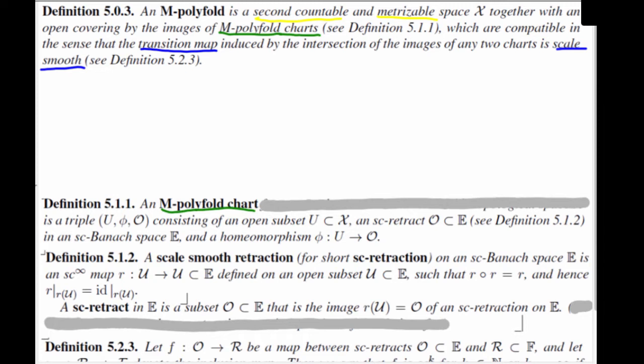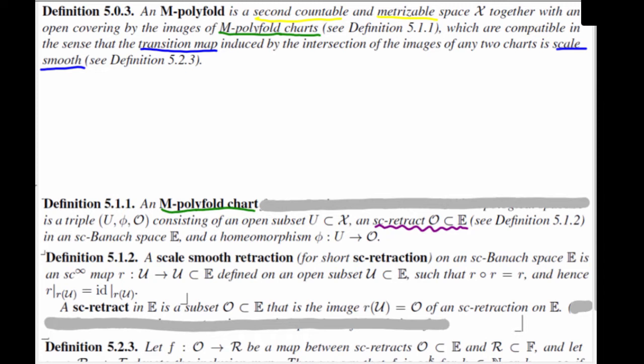For a Banach manifold, the local models would be open subsets of a Banach space. For a scale Banach manifold, they would be open subsets of a scale Banach space. And ours are going to be scale retracts, whatever that is. That local model wants to be homeomorphic to the open subset in X.